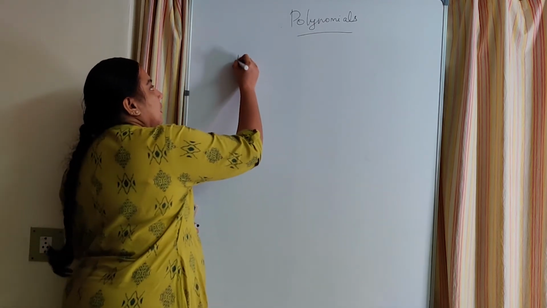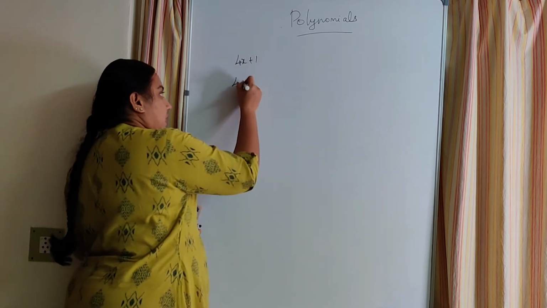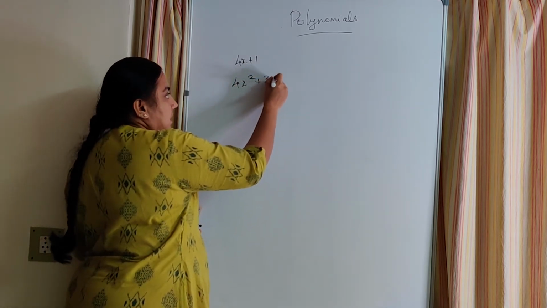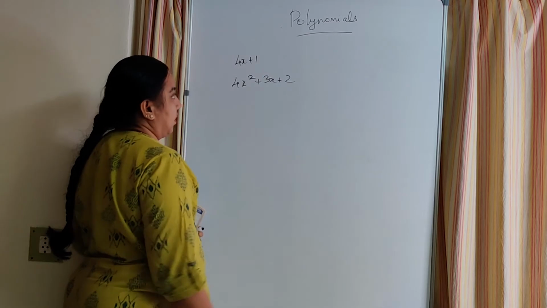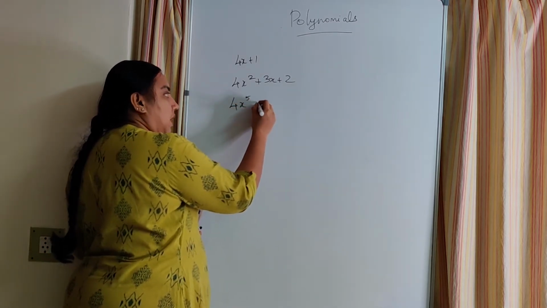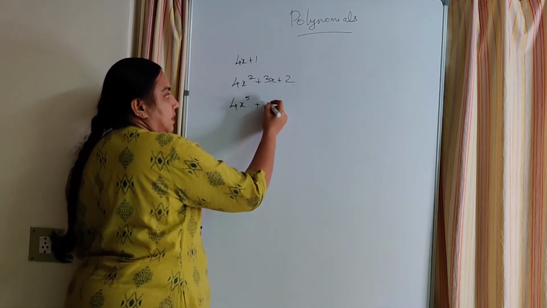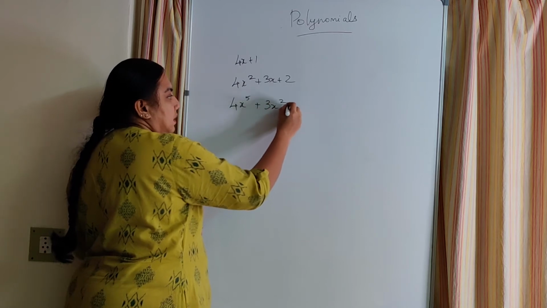For example, 4x plus 1, this is a polynomial. 4x square plus 3x plus 2, this is also a polynomial. And remember, whatever the degree is, any number of x, we can add.